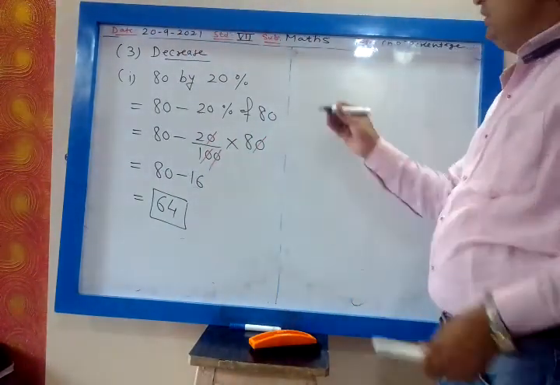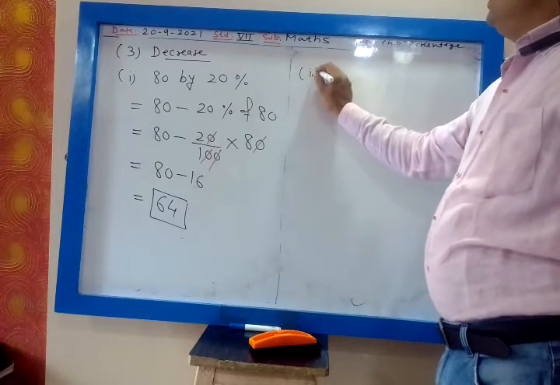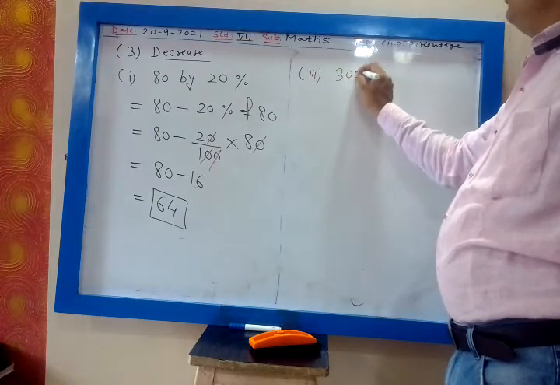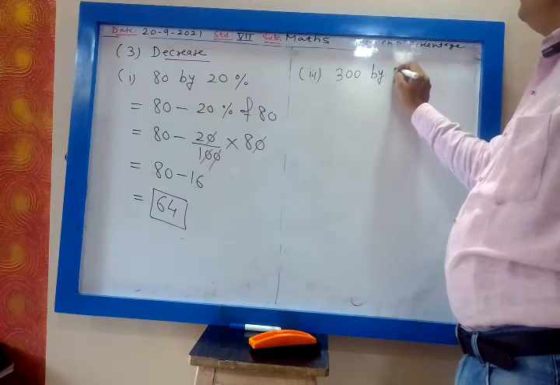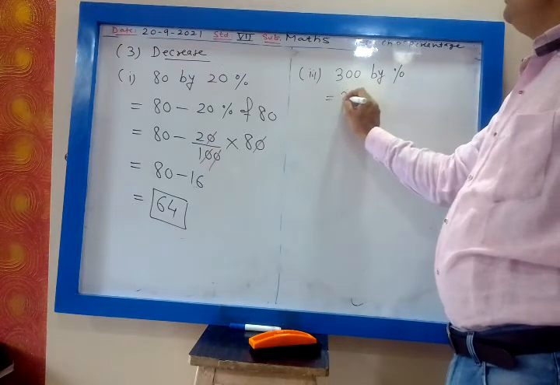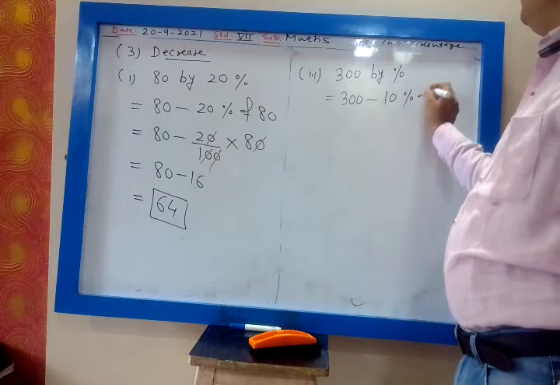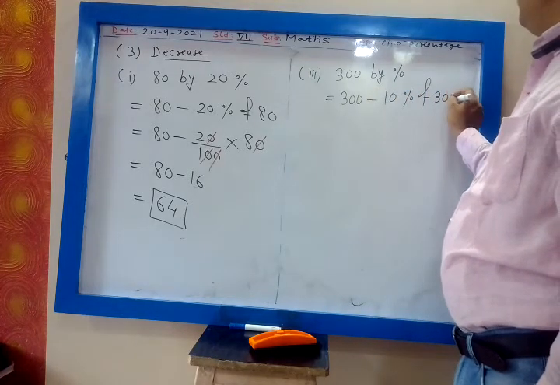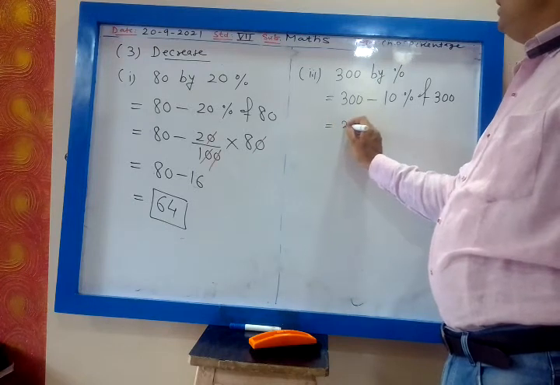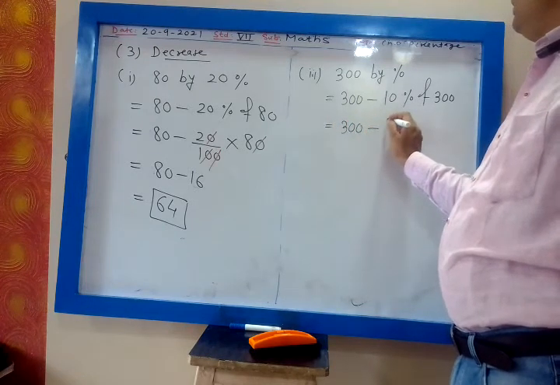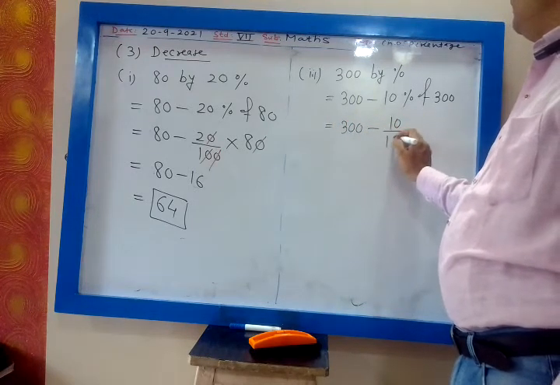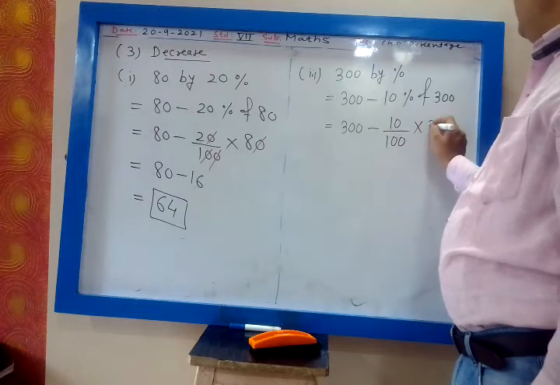300 by 10%, decrease. Decrease 300 by 10%. So that will be 300 minus 10% of 300. That will be 300 minus 10 upon 100 into 300.